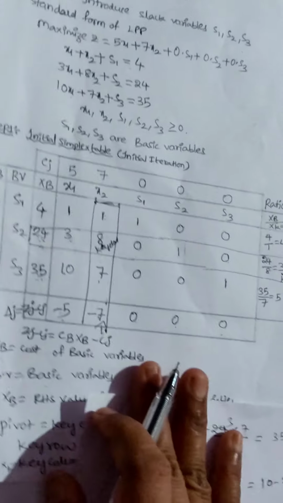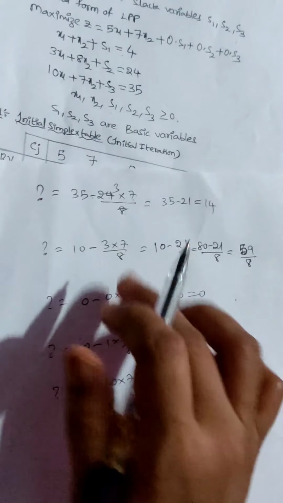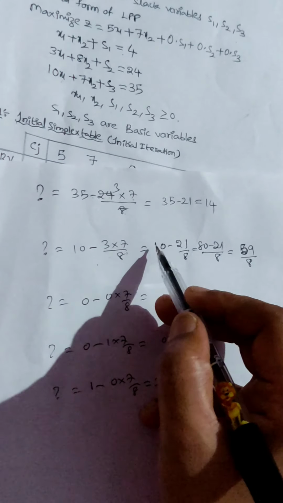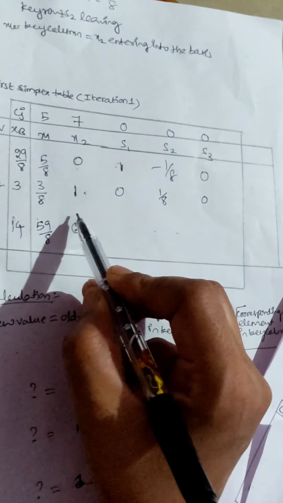Similarly, next for 10, old value 10 minus 3 into 7 by 8, that is 10 minus 21 by 8, 59 by 8, 59 by 8 right here. Next, already this is 0.